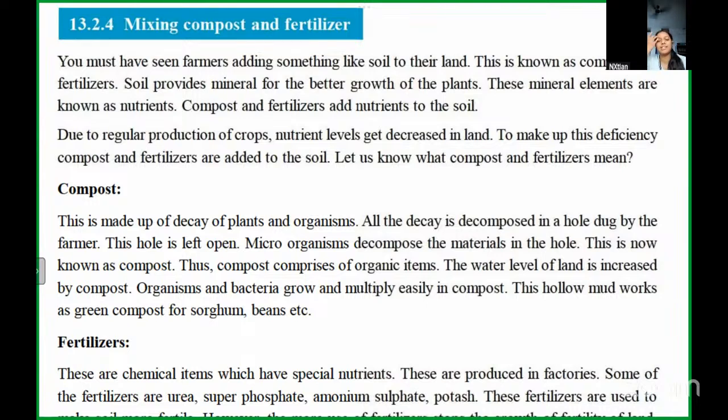Sometimes when we put chemicals, pesticides and fertilizers, it makes our soil more acidic. When the soil becomes more acidic, our plants will burn or dry out, because the soil's nature is disturbed. So to make the soil more nutrient rich, we add compost and fertilizers.